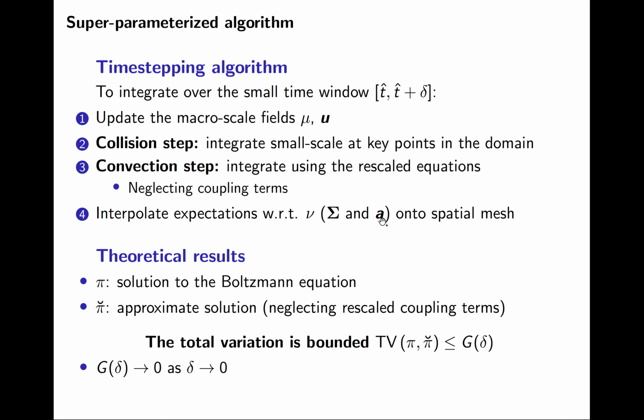And then finally, given that we have all these small scale models scattered throughout the domain, we need to interpolate expectations with respect to this previously unknown distribution nu, so specifically the covariance of nu and the expected acceleration onto the spatial mesh.